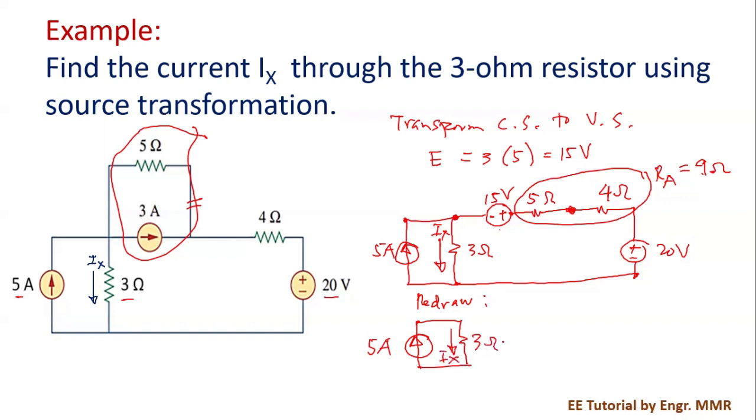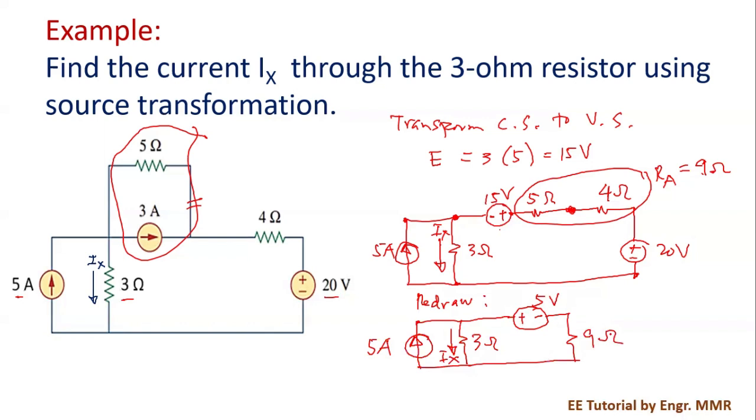This is the Ix. And then we have the new value of the source voltage, plus 15 added to negative 20. So it becomes minus plus 5 volts.